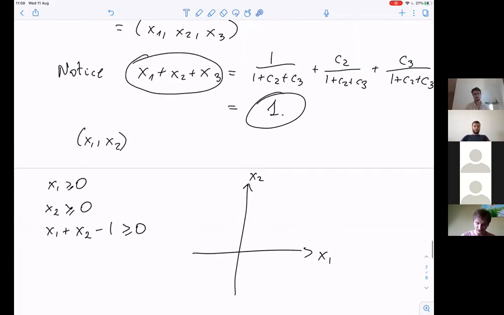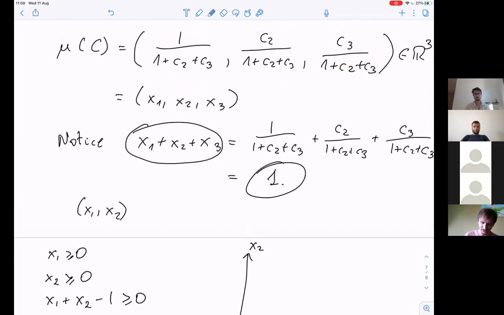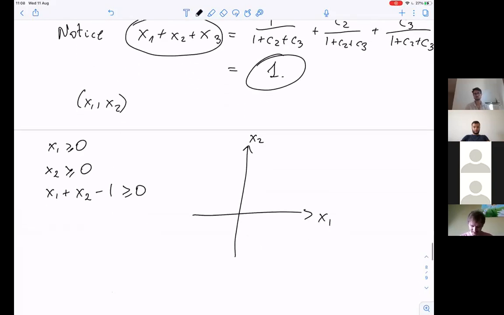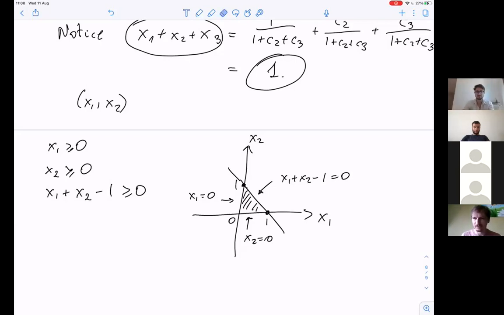So just looking at this image here, the image really is a triangle with vertices at (1, 0), (0, 0) and (0, 1). Okay, where this is the boundary x2 equal to 0, this is the boundary x1 equal to 0, and this is the boundary x1 plus x2 minus 1 equal to 0. Not sure if I got the sign properly here.